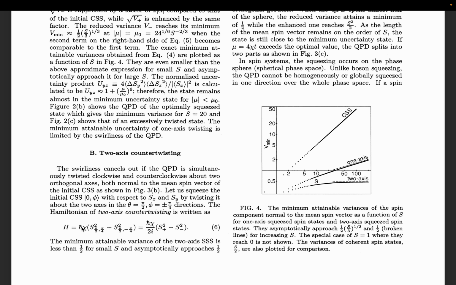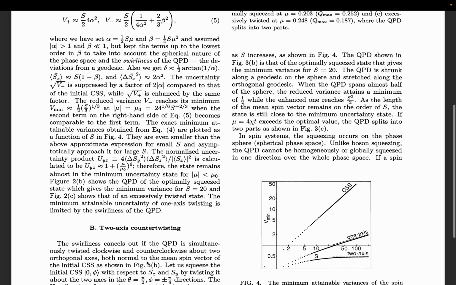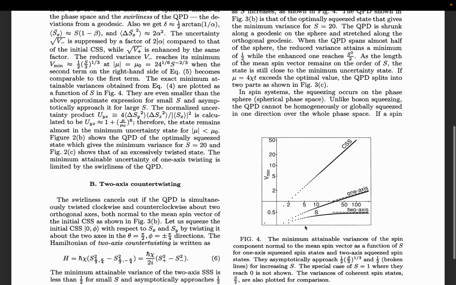So we can write the Hamiltonian for this, and for this case the variance is less than the value half for small s, and asymptotically it approaches the value half for larger values of s. We can see from the figure that this is very much less than what we obtained from one-axis twisting.